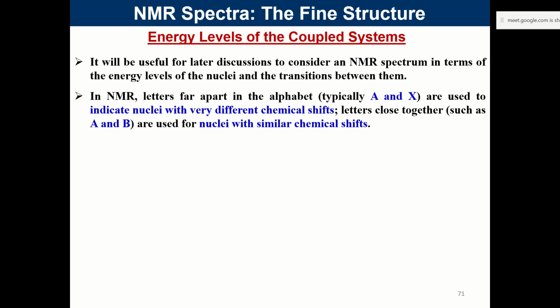There could be an AX type system, that means two interacting nuclear spins having very different chemical shifts. In the alphabet, A and X are very far apart, so on the chemical shift scale, if they appear far apart, we refer to them as A and X. If the two interacting nuclear spins have similar chemical shift values, we can represent them as an AB type system, taking the analogy from the English alphabet in which A and B are the closest neighbors.